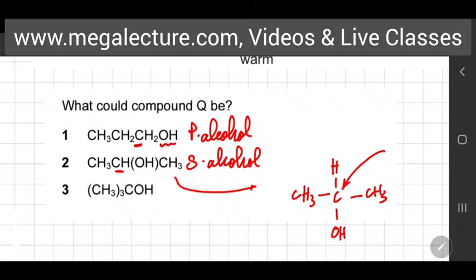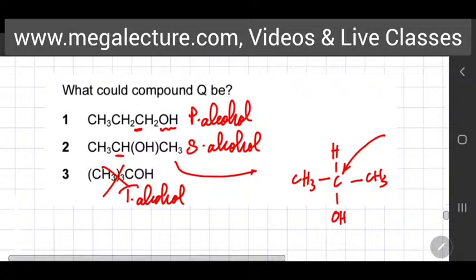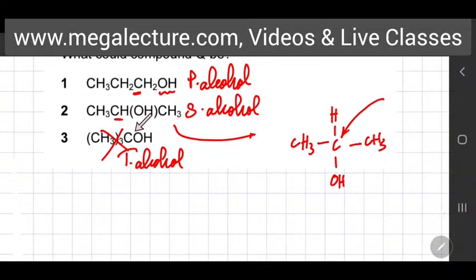This last one is definitely a tertiary alcohol. Tertiary alcohols don't undergo oxidation, so they won't have any oxidation product. So that is wrong. And how do I figure out that that's a tertiary alcohol? Because if you look at this carbon atom, it's bonded to OH and it's bonded to 3 carbon chains.